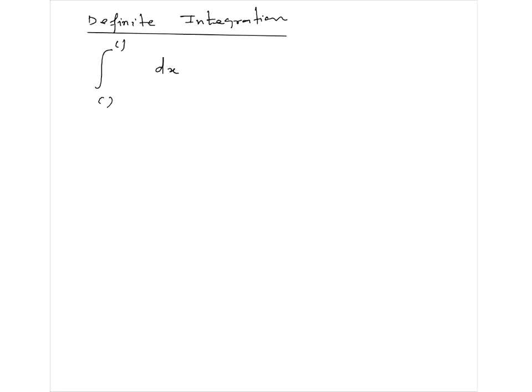Since the arbitrary constant is gone, you are definite about your answer. Otherwise, when there was an arbitrary constant, you were not definite about your answer. An arbitrary constant can take any constant value. So, in case of definite integral, you have two borderlines, lower limit and upper limit.